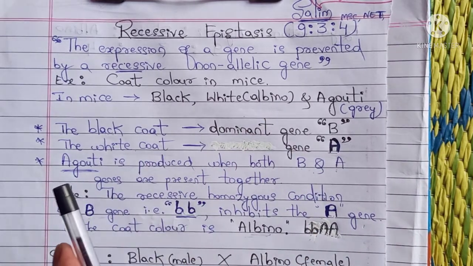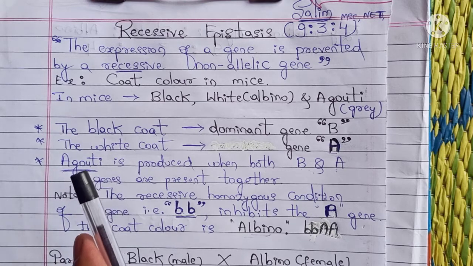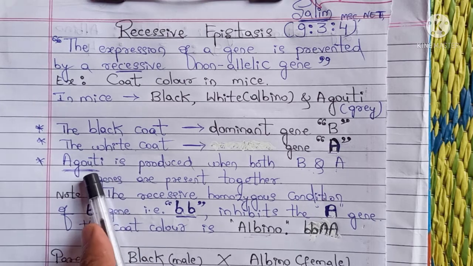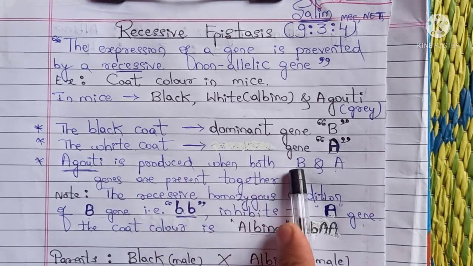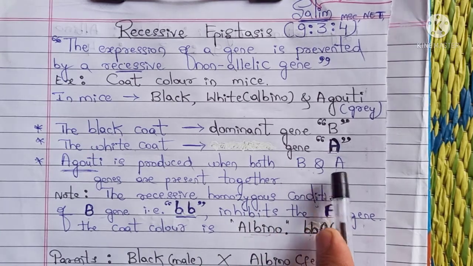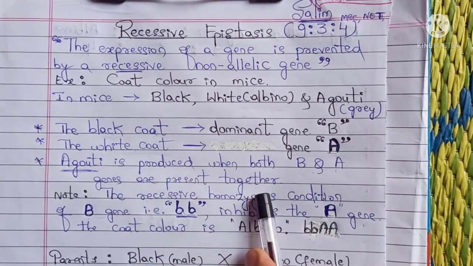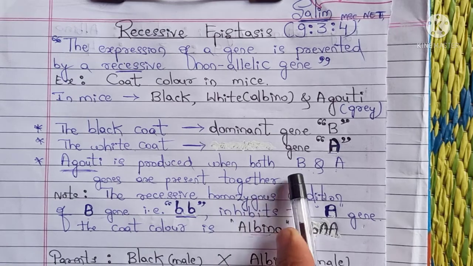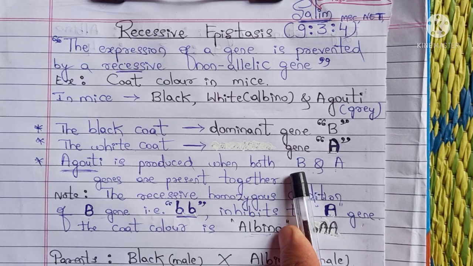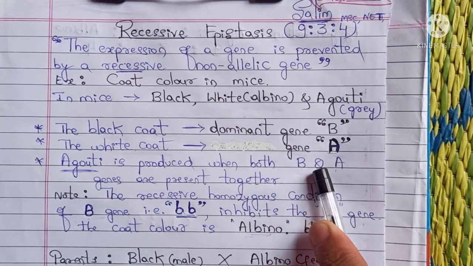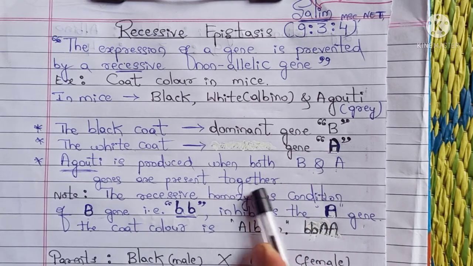The interesting thing you have to remember is that agouti is produced when both B and A genes are present together. So both the dominant B gene and the dominant A gene should be present together.